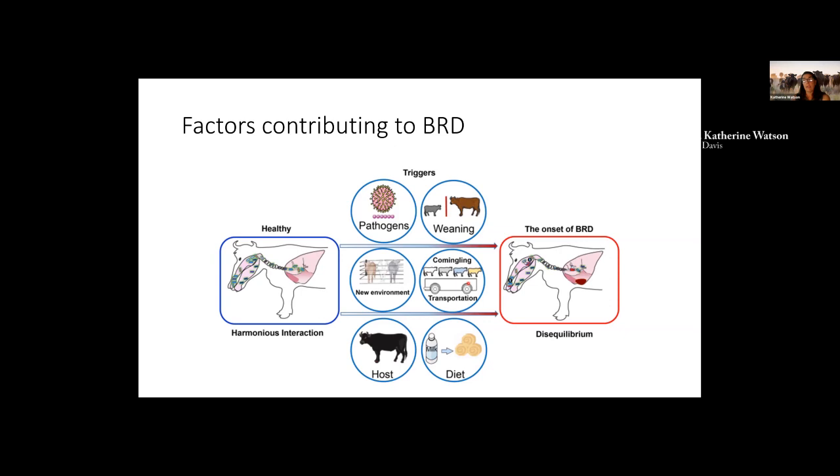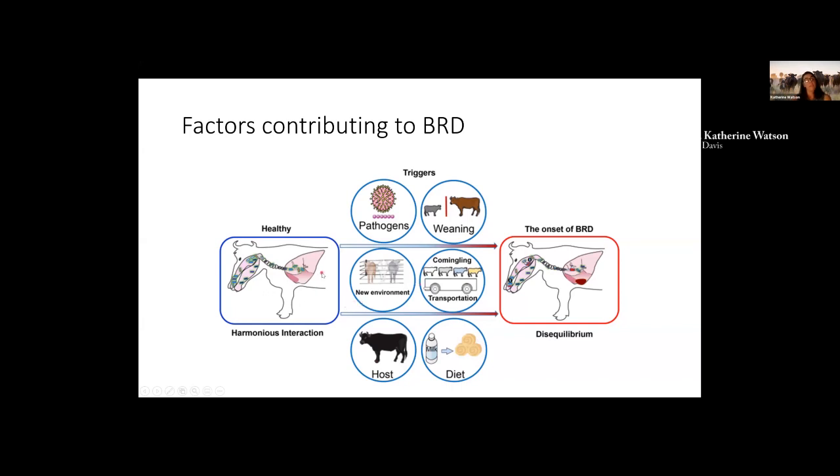So cattle that are at risk of bovine respiratory disease are being affected by pathogens. So these are some of the triggers: pathogens, changes in the environment and management, which includes weaning, commingling, so when they're in a new environment, or commingling during transportation, and also dietary changes. This sets them up.